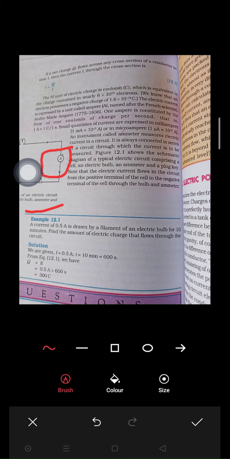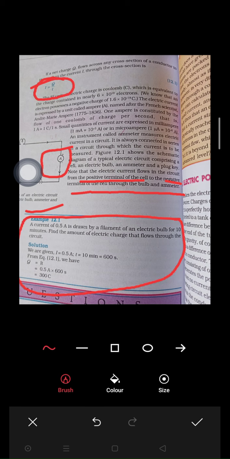Note the electric current flows in a circuit from the positive terminal of the cell to the negative terminal of the cell through the bulb and ammeter. You can check it out in the PowerPoint presentation which I have sent to you. There is a small numerical here. You can use the formula I is equal to Q by T and solve. Numericals are easy if you know the formula.